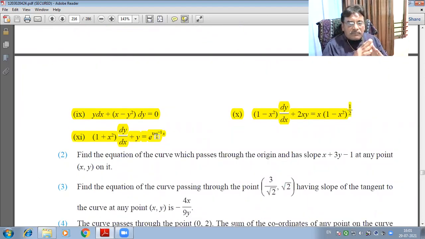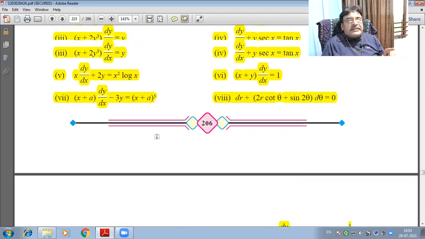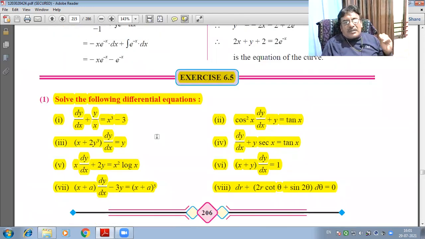All 11 problems are deleted because these are problems on linear differential equations, and these 11 problems are deleted from the board syllabus for February 2022.